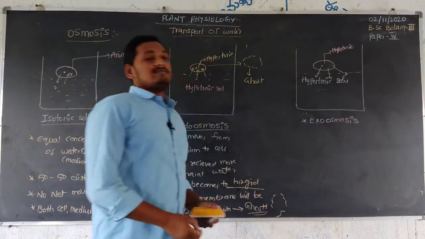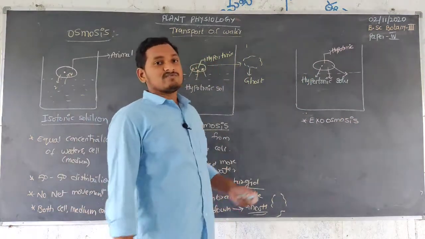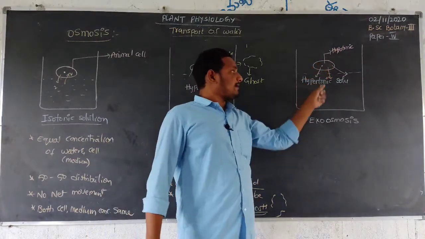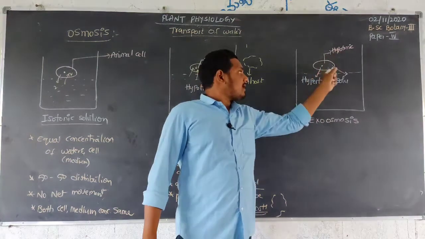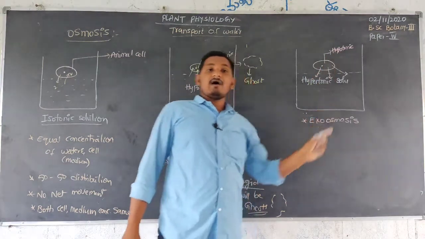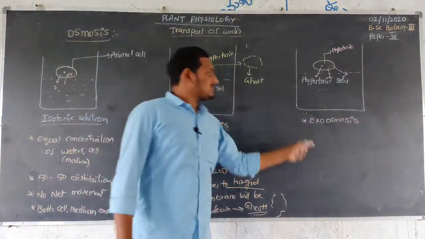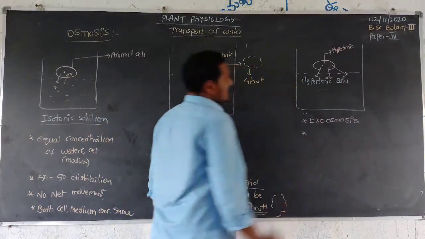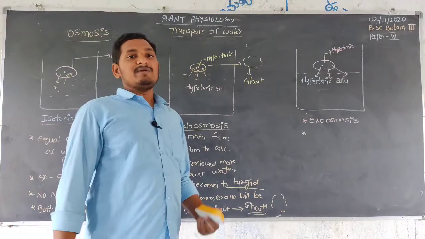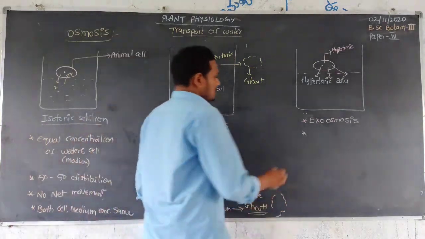Exoosmosis means the movement of water molecules from the hypotonic to the hypertonic solution. Inside of the cell is hypotonic, outside of the cell the medium is hypertonic. That is exoosmosis.